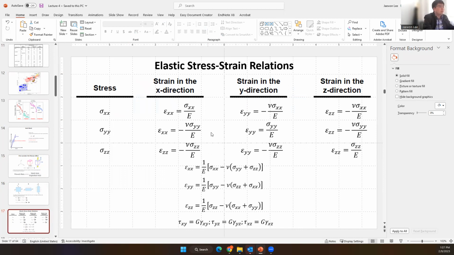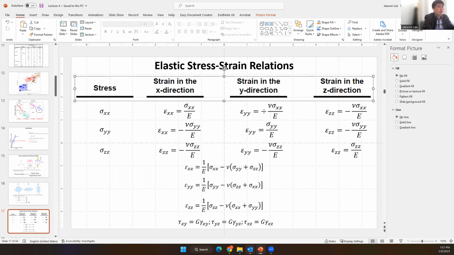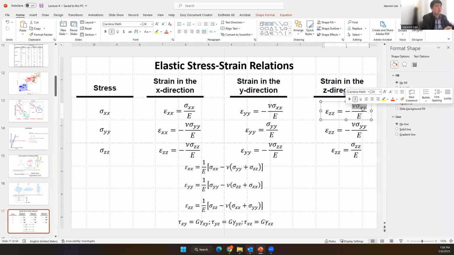Based on these equations, the strain in the X direction is related to sigma XX over the elastic modulus, and the strain in Y is described like that. We use the Poisson ratios, and then we can expect the Y direction strain if you apply the X direction stress. The Z direction strain is also calculated from the X direction stress using the Poisson ratios.